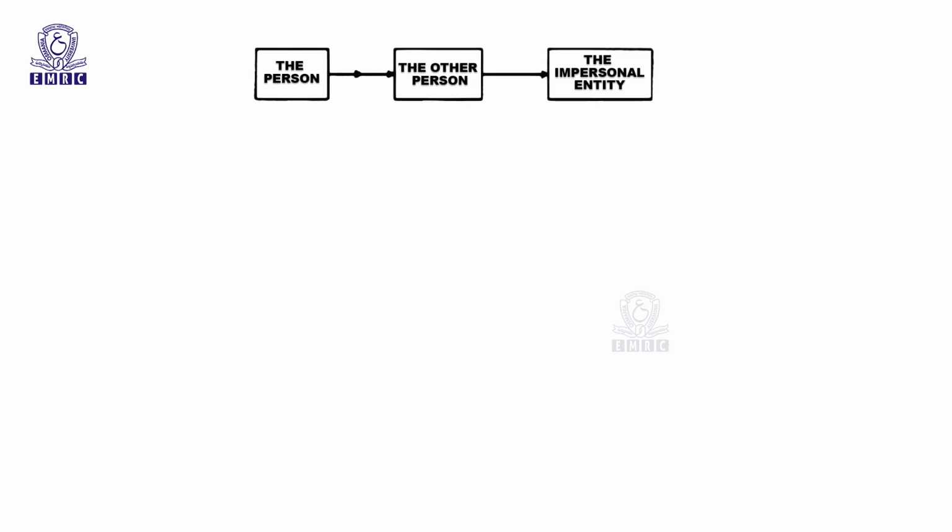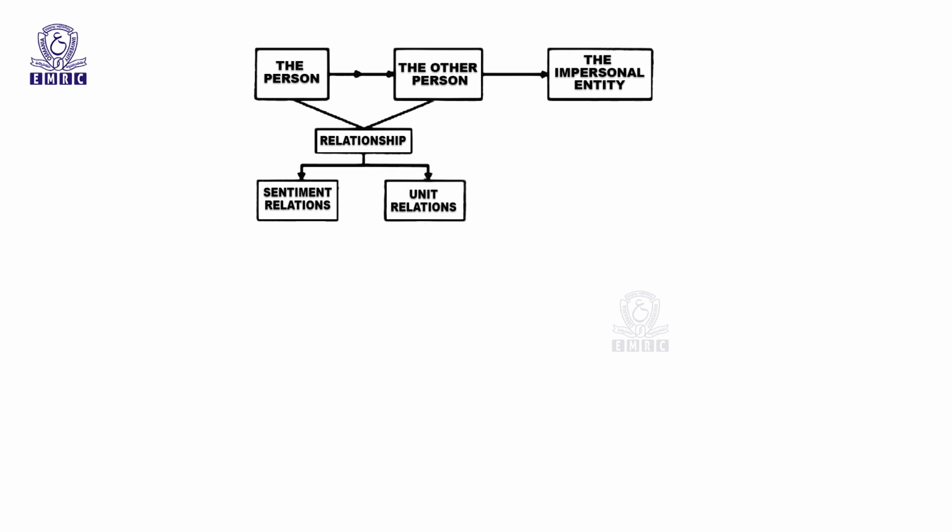So, relationships can exist in any combination. For example, the relationship can be between the person and the other person. When there is a relationship between the person and the other person, it can be a sentiment relation or a unit relation.